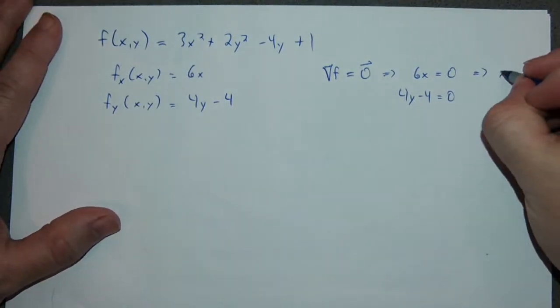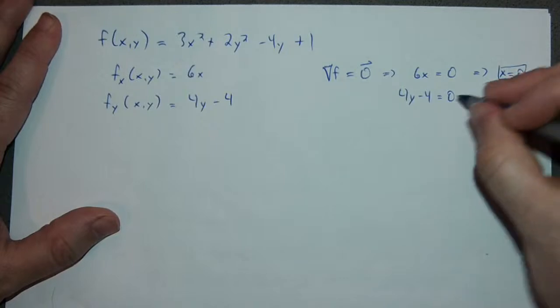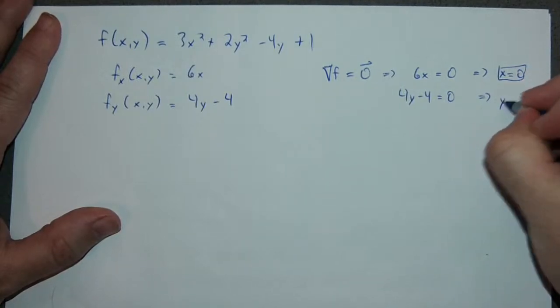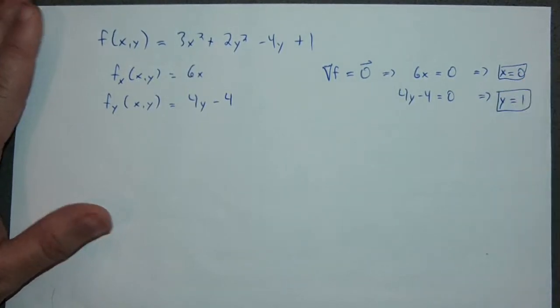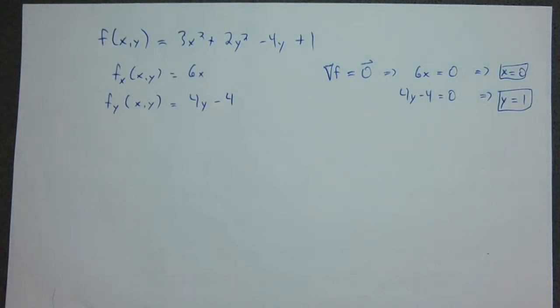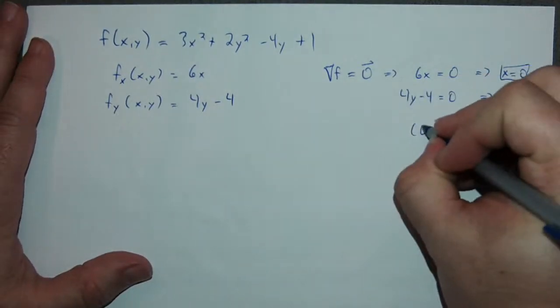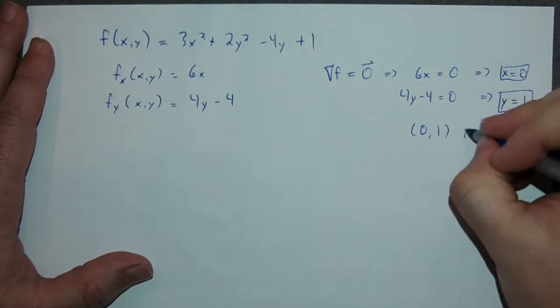So this means that x is 0 and this means that y is 1. Of course, this is something that's not always going to happen, right? Sometimes just finding the critical point alone is going to require a little bit more algebraic trickery, but here it doesn't. So here we can just directly find that 0, 1 is my only critical point.